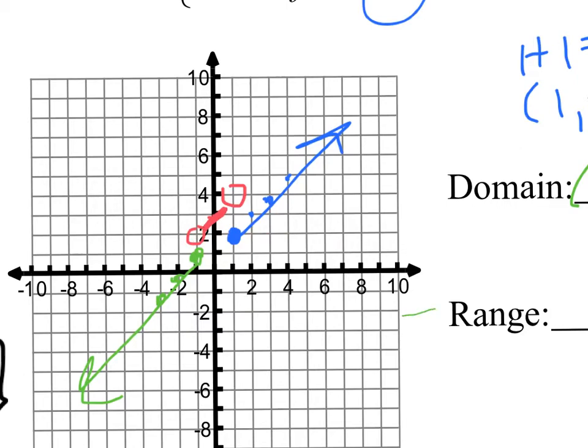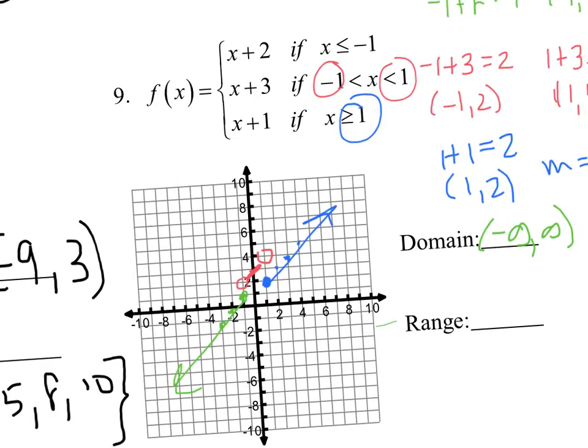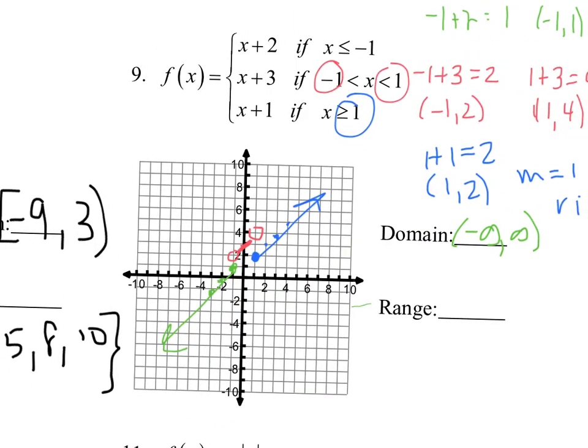So our range is going to be from negative infinity to 1, close bracket, union symbol, 2 to positive infinity.